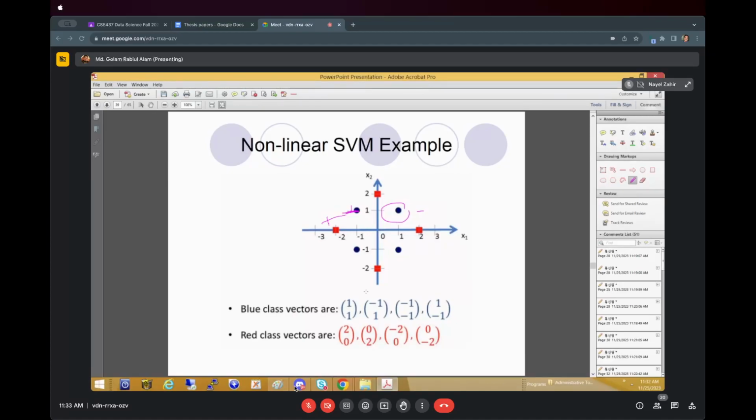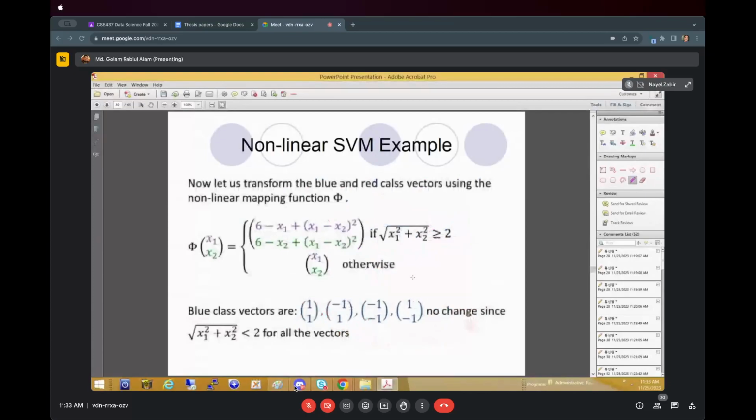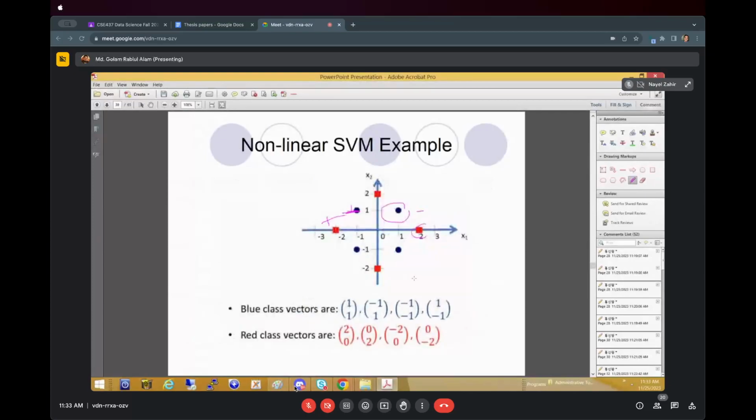And (0, 2) is there. Now here we have the blue class vectors and red class vectors.